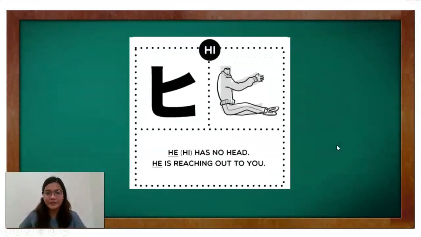Okay, next, he. He has no head, and he is reaching out to you. So he as in he.